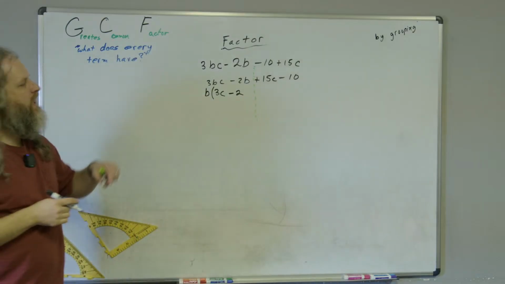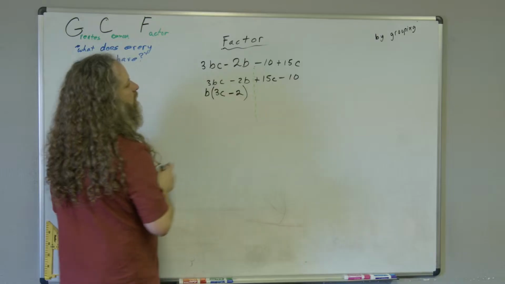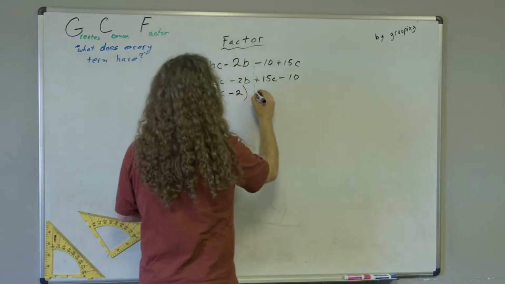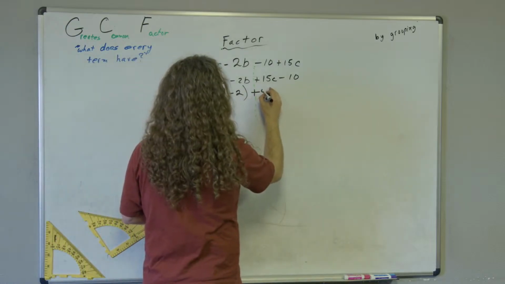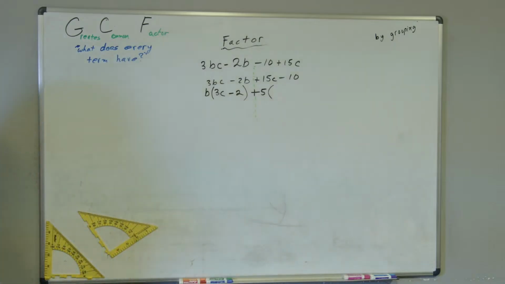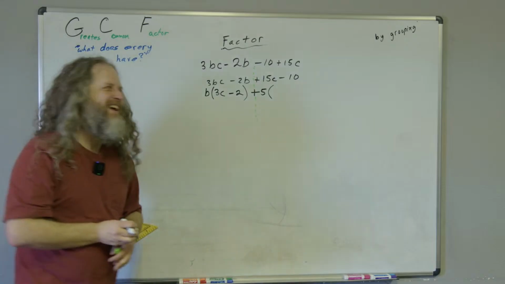If I look at the second group, what's the GCF over there? Now it's a 5. And pull out a plus 5. When I pull a 5 out of the first one, what's left? 3c. 15 divided by 5, not some sort of weird subtraction thing.